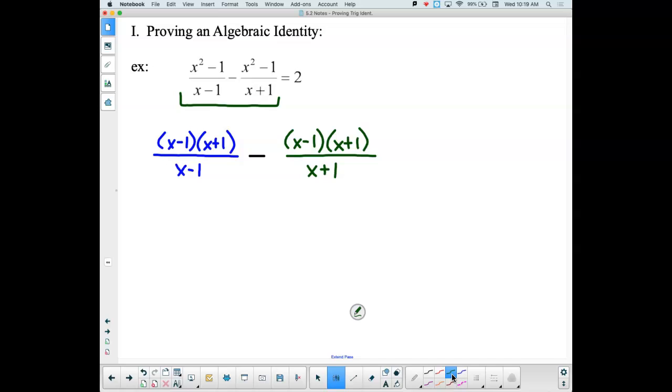Right? Because now what can I do? On this left one, I can cross out the x minus 1's. On this right one, I can cross out the x plus 1's. And so then that leaves me with x plus 1 minus x minus 1.